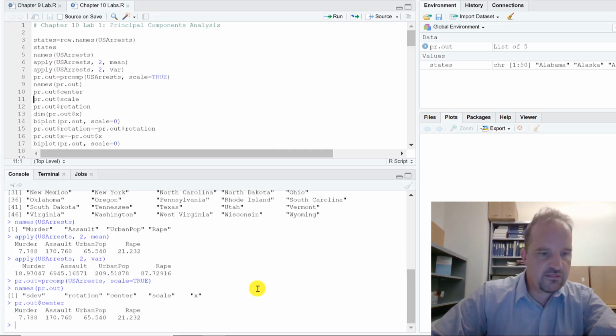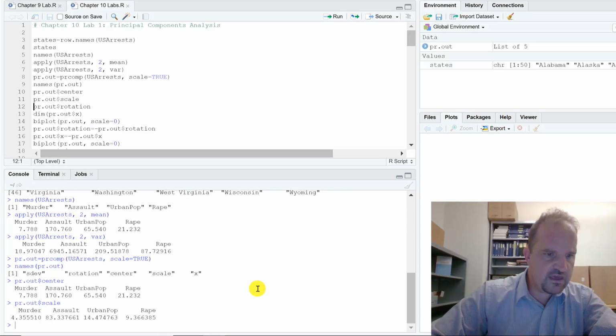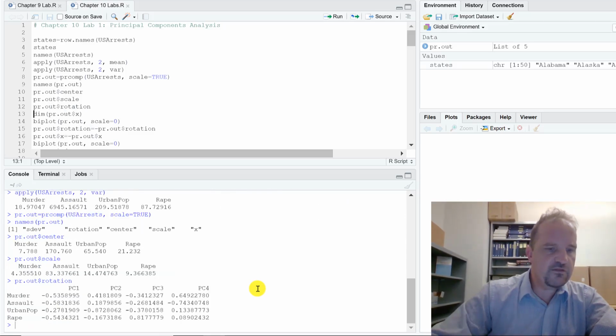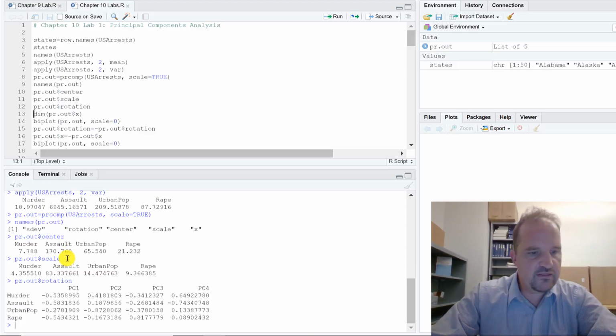And so we could look at the pr.out center and the scale for these. And so this tells us first how much they were shifted when they were centered, and then the scale, how much they were scaled when we did the standard deviation scaling.